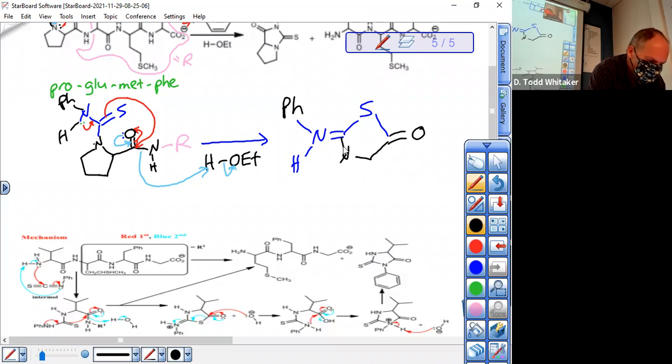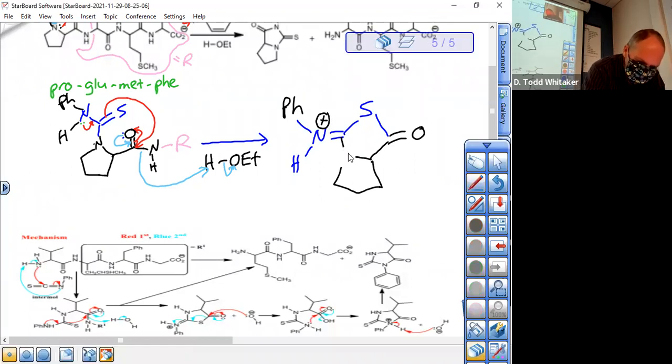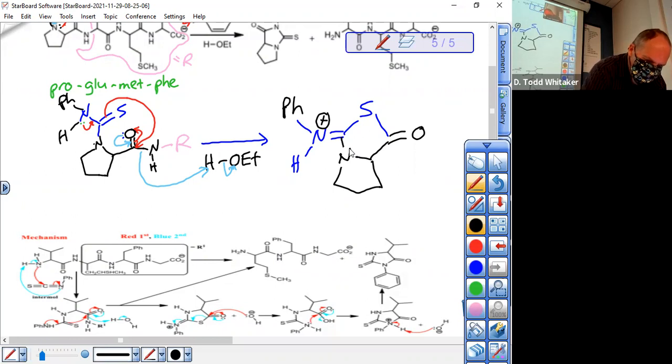And the N is part of a ring. Right there. I got that right? Hope so. And a plus. And this N doesn't look so good. Now it looks good.